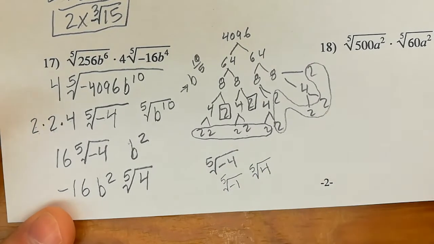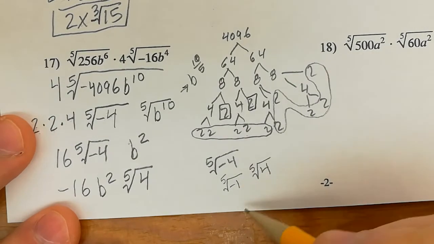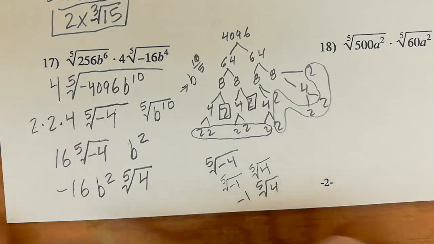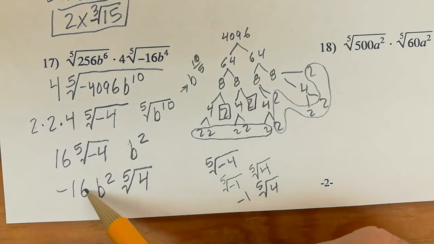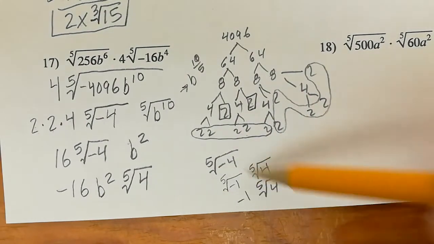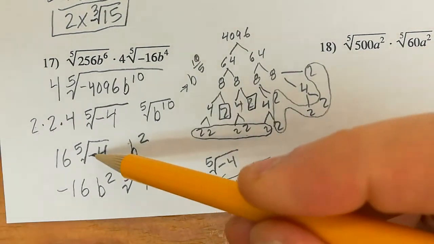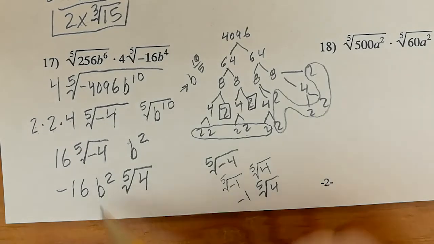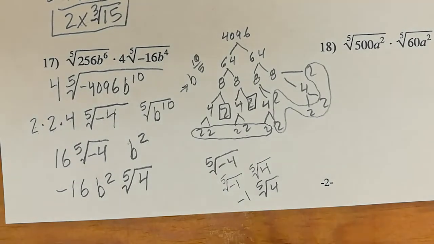And the fifth root of -1 is -1. So you can end up with a -1 on the outside and multiply by whatever's out there. So that's totally okay to do. The shortcut, this is kind of the explanation, but the shortcut, you can just take the negative out there. That works for any odd index root.